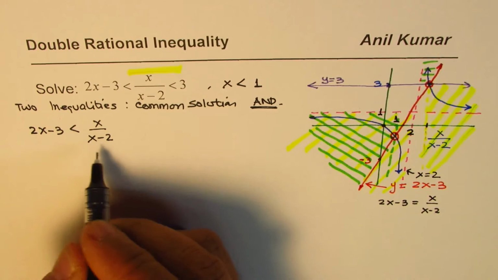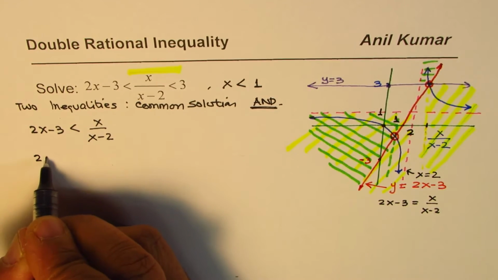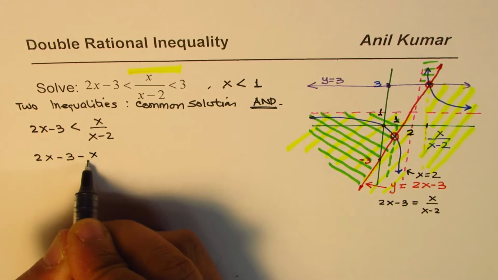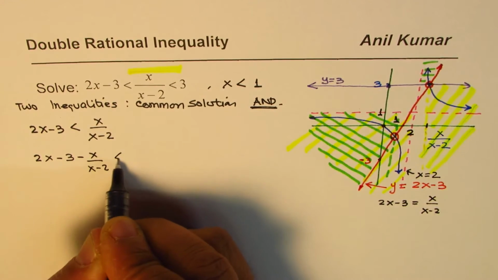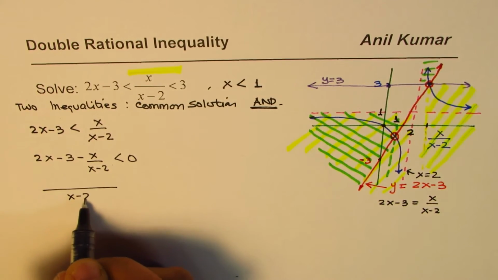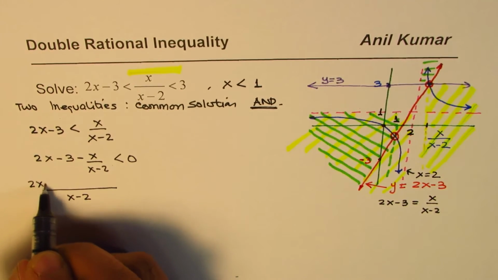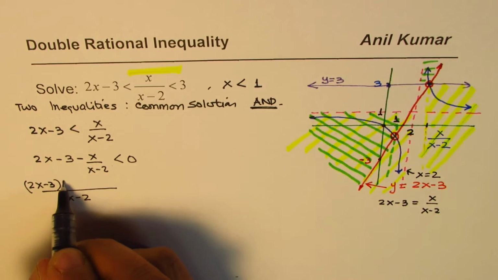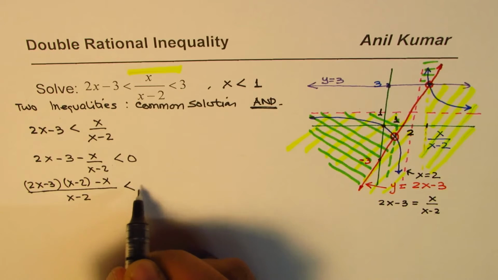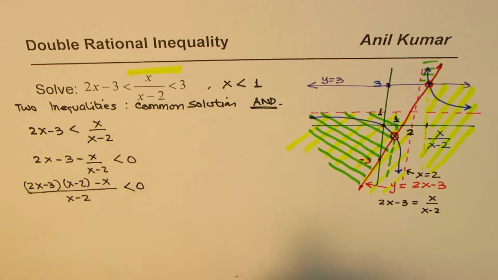So let's solve this. To solve such inequalities, we have to bring everything over to the left side. So 2x minus 3 minus x over x minus 2 less than 0. Then we can take a common denominator, which is x minus 2. Multiply this 2x minus 3 by x minus 2, minus x, is that okay? Less than 0, and then expand it.